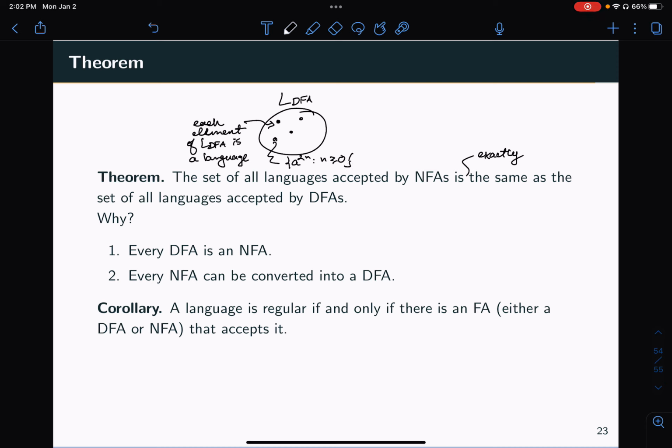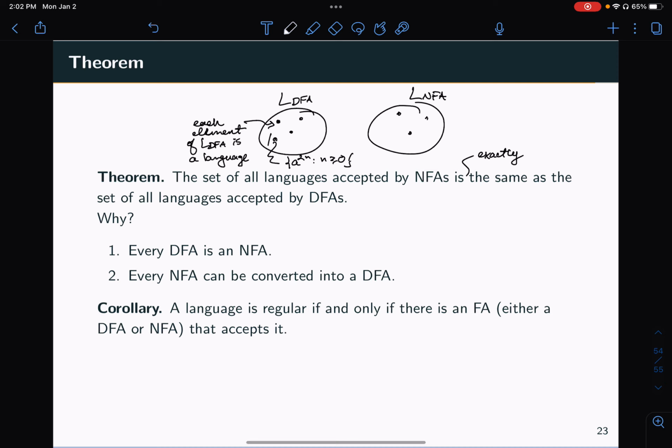That could be one of the languages in L_DFA, okay? Then there is a direct correspondence between the languages accepted by DFAs and the languages accepted by NFAs. This means that the sets are exactly the same, so they coincide.